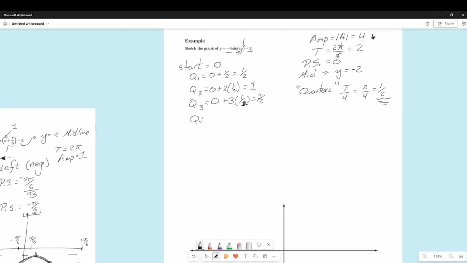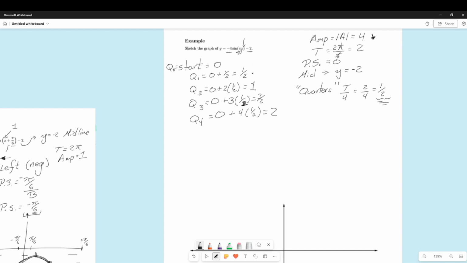And then our fourth quarter point is going to be at our phase shift plus 4 of our quarter distances, or 2. Oftentimes this start is called our 0th quarter point. So sometimes you'll see x0, x1, x2, x3, x4 for those quarter values.